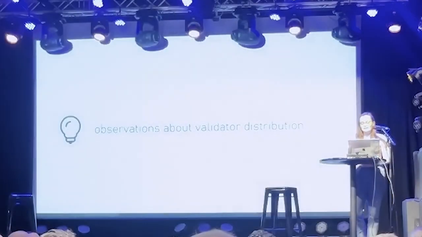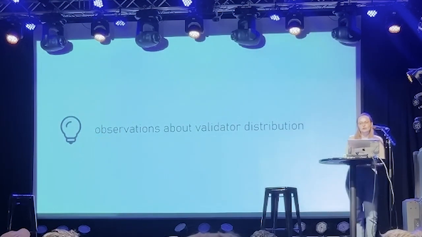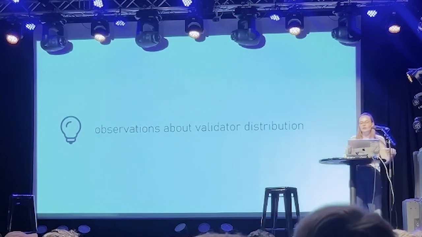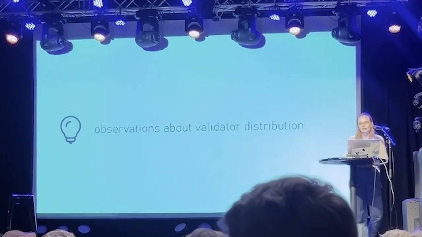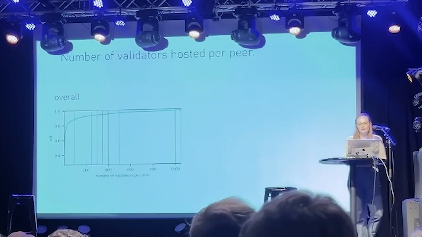We de-anonymized a quite significant chunk of the network with the amount of data we had, but we can also then draw some observations about the distribution of validators across nodes, so across peers in the network and across the globe. So let's look at how validators are distributed across peers.